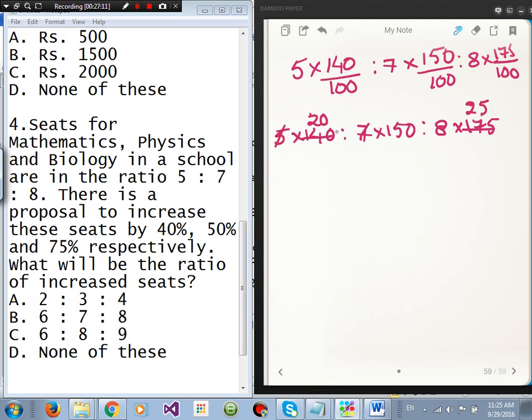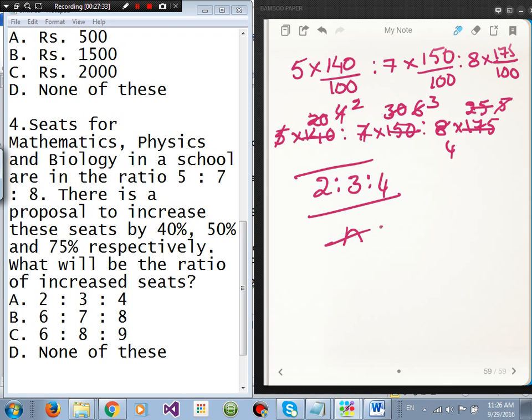Again 5 table, 5, here 30 times, here 5 times. Again this 5, 6 times, and it is 4 times. Again 4, 2 times, here 3 times, and 4 times. The final ratio is 2 is to 3 is to 4. This is the answer. That is A is the answer.